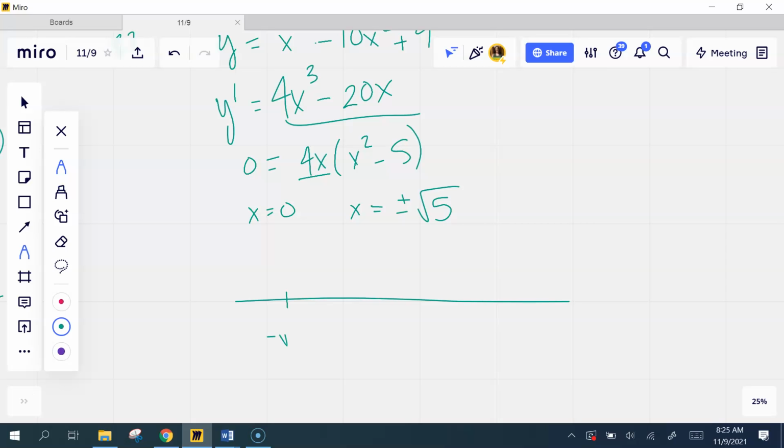If your solutions did anything other than this to start with, then they are wrong. They did 4x times x plus the square root of 5 times x minus the square root of 5. But they still got the same critical points there, right?